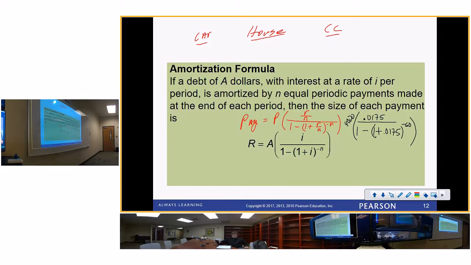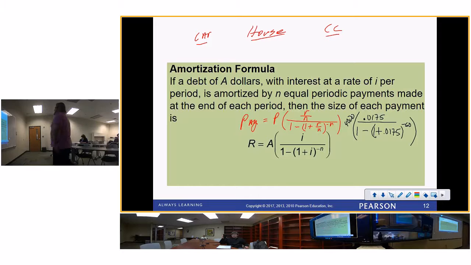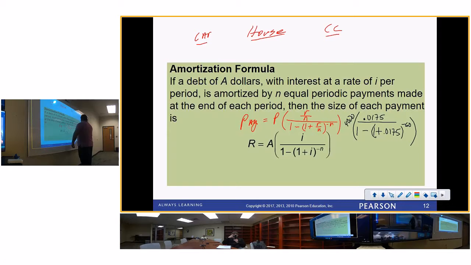You're going to have to work your way inside out. 1.0175 to the negative 60. What does that come out to be? Well, it'd be 1 minus 1 over 1 plus 0.0175 to the 60. I know why it's giving you an error, you're not using the right subtraction symbol.